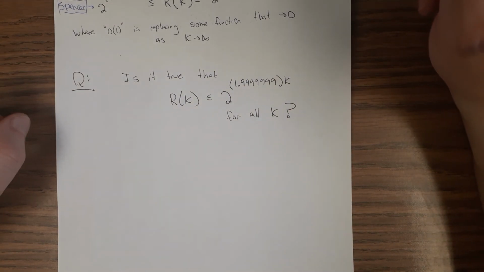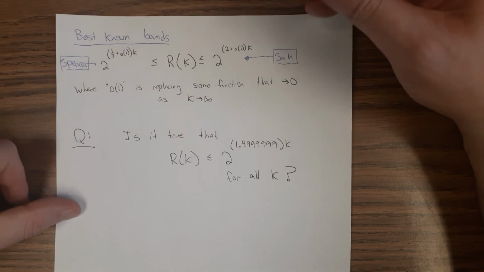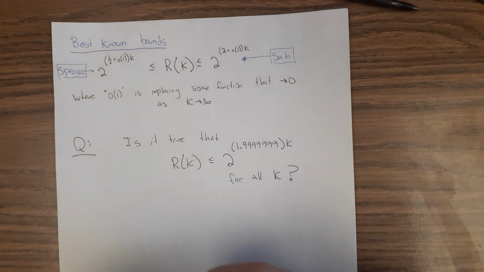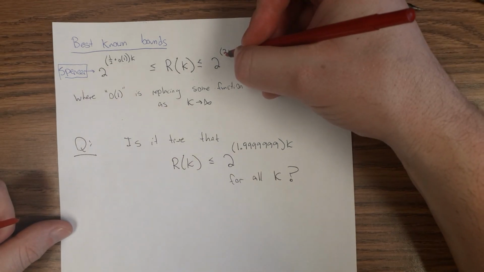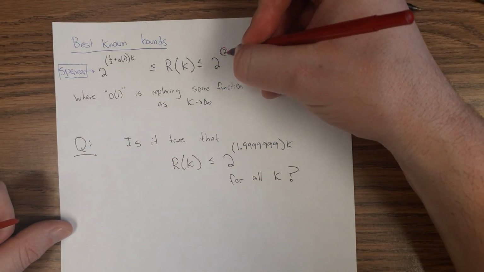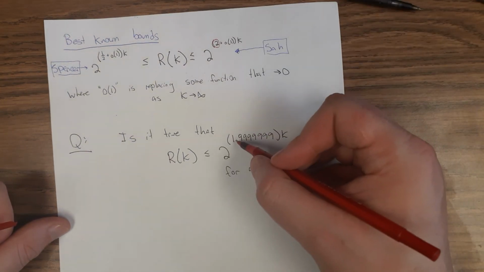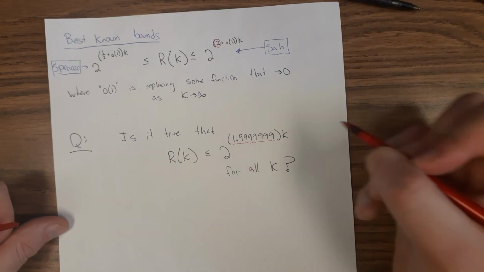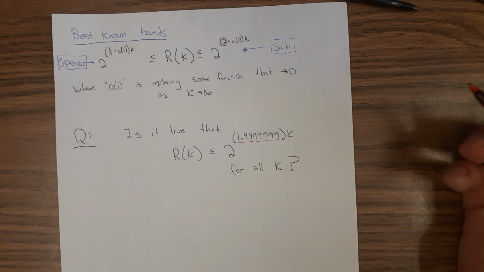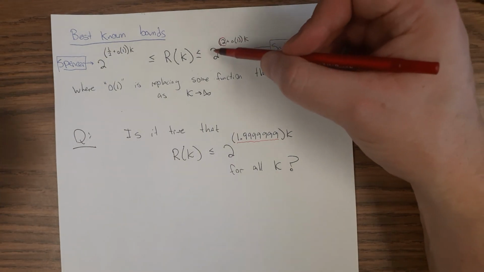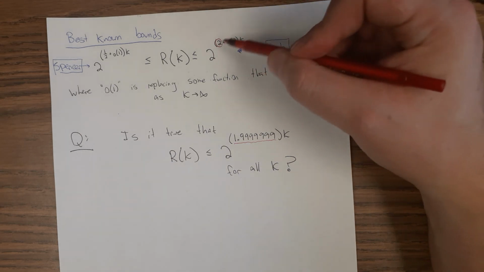So even the best known bound is not essentially improving this 2. This would be essentially improving the 2. And when I say essentially, I mean, of course, as k goes to infinity, this is still essentially 2 to the 2k.